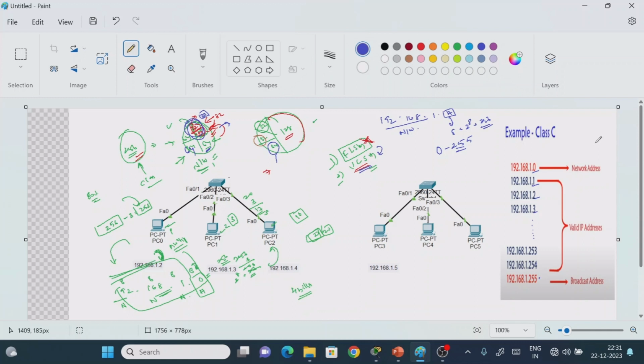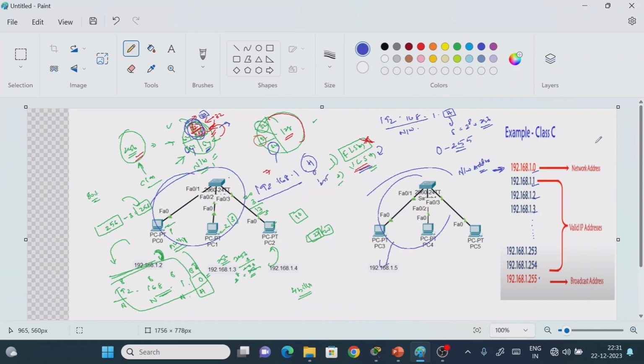The first address, the starting address of this range, we call the network address, right? Why do we require the network address, you may ask me. Suppose this is one network, and this is another, different network. Let's say this network is the 1 dot series. This is the host portion, where we will get 0 to 255.